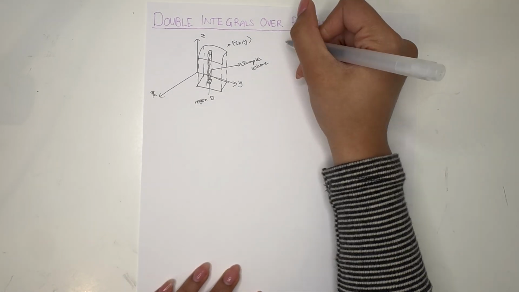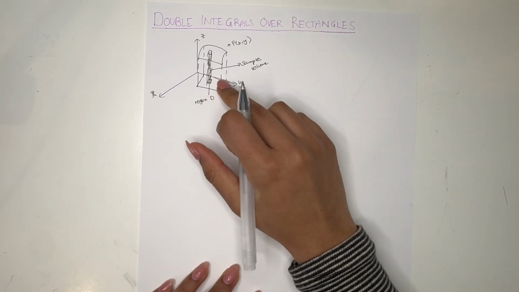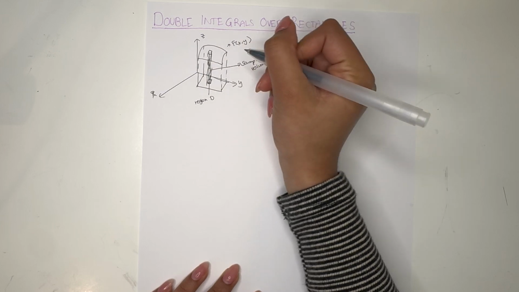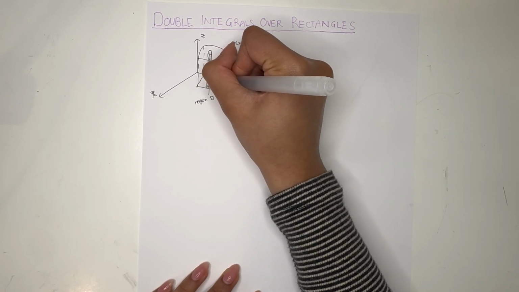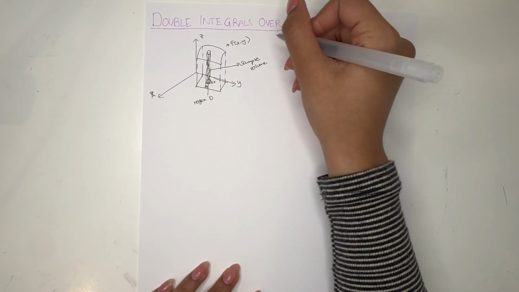But now onto what this represents. So we know the volume of this. So let's try to find out what the volume of this little sample volume is going to be. This right here is going to be a small change in y, so dy, and this right here is going to be a small change in x, dx. So the area of this is going to be dy dx.